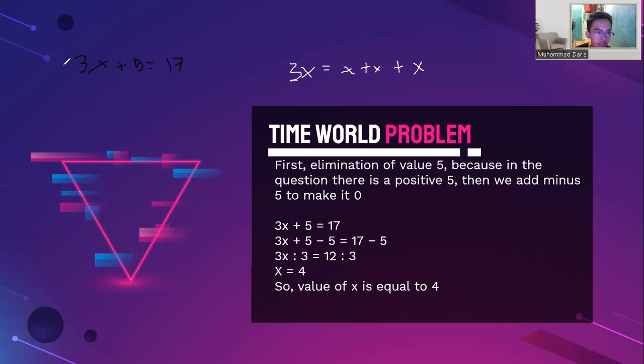Okay, so 3x is equal to 12. This represents 3x is equal to 12. Okay, we can draw the symbol 12. 12 is meant like this. Okay.